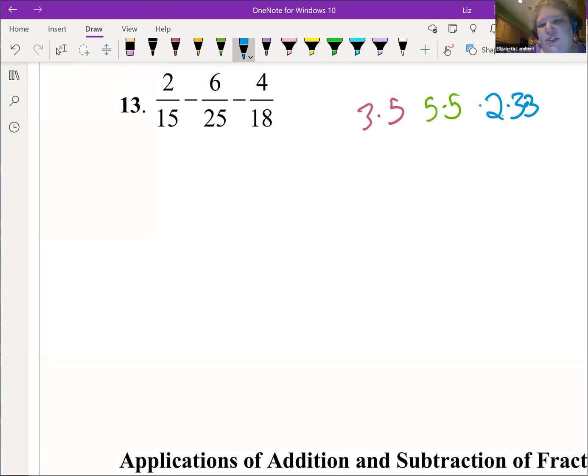So I need a 2, a pair of 3s, and a pair of 5s. A pair of 5s is 25. So let me write that underneath. So a 2, a pair of 3s, and a pair of 5s. So 25 times 2 is 50. 3 times 3 is 9. 9 times 50 is 450.